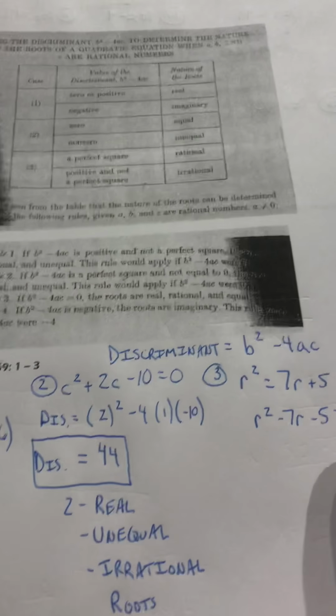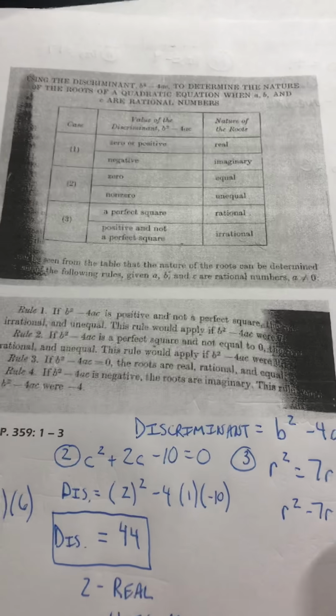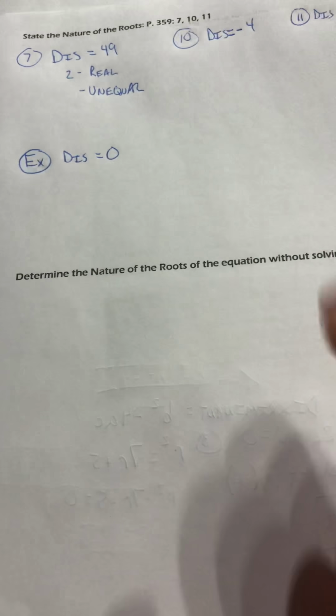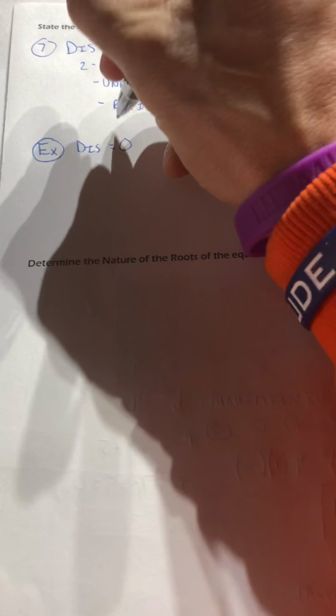Then we look at case 3. 49 is a perfect square, so therefore it's rational, which means it terminates, or it repeats, or it can be represented as a fraction. And roots.